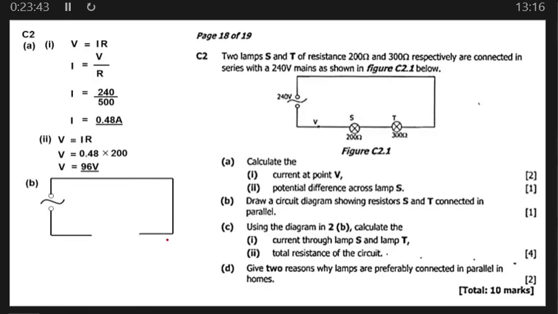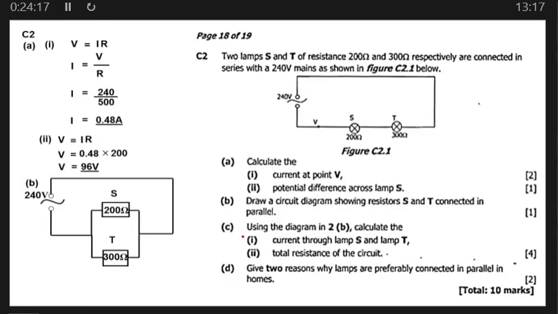To draw them in parallel, we put one resistor here and another one here. This one we'll call S, another one we'll call T. So these have been connected in parallel. We'll call this one 200 ohms, this one 300 ohms, and put our voltage there. So we are done with the drawing.